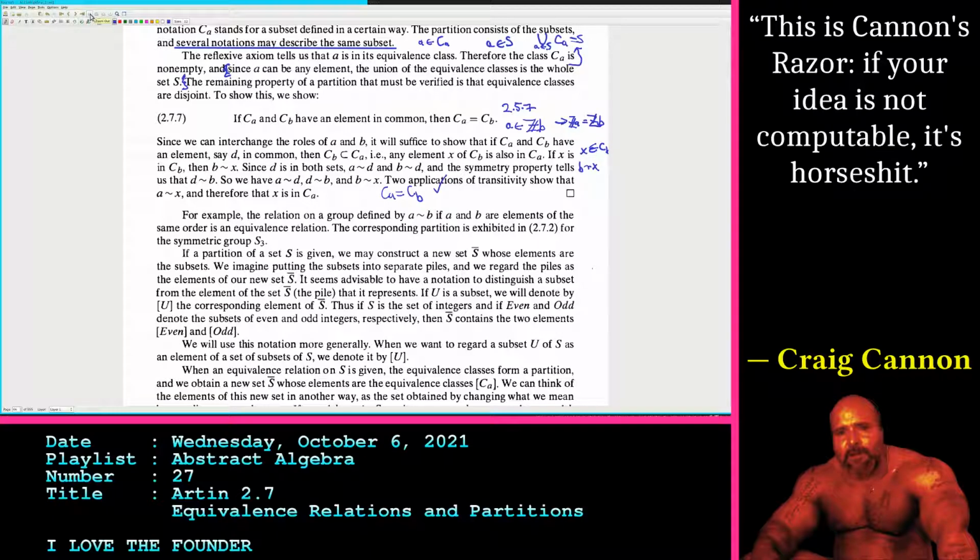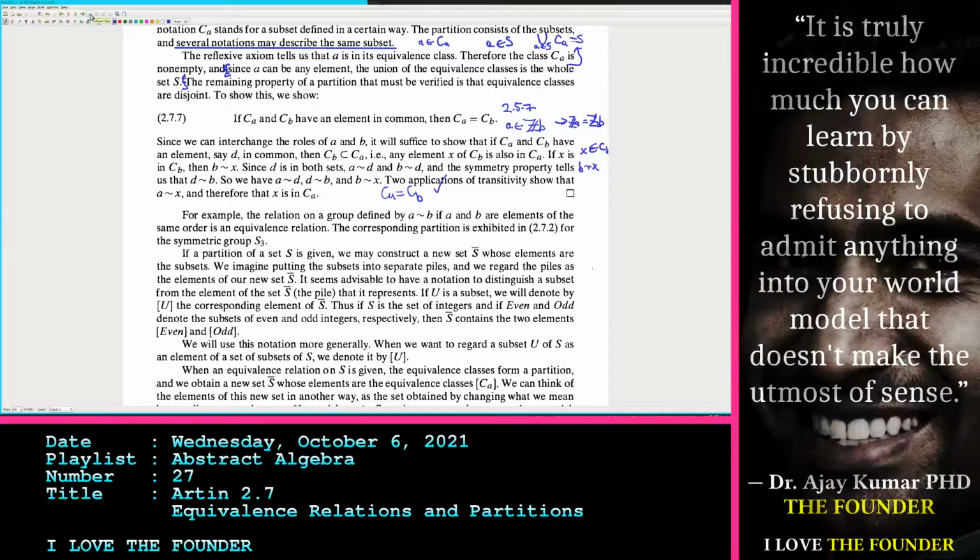So if A is of the same... Okay. Wow. 2.7.2. That's interesting.